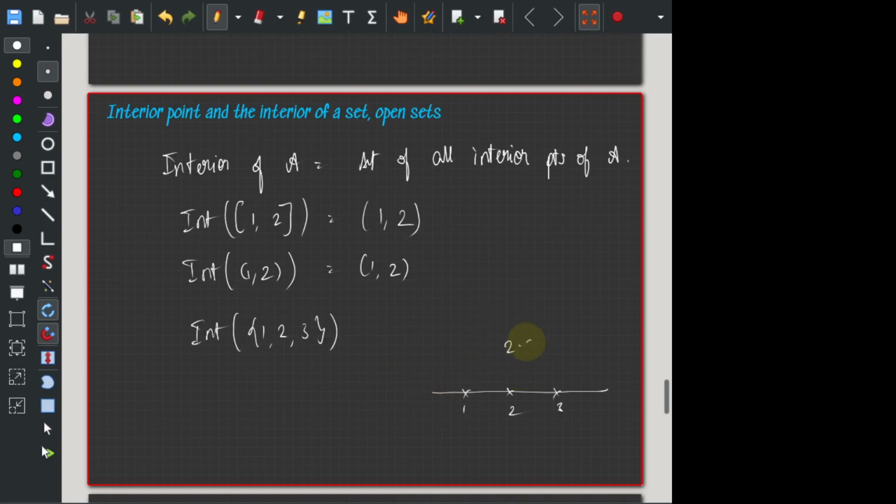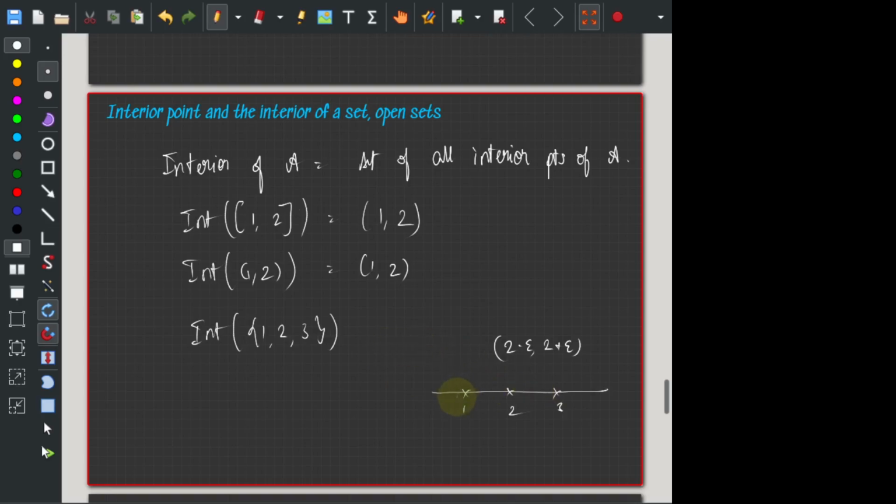It is 2 minus epsilon, 2 plus epsilon. It is this interval, right? Is this contained in the set 1, 2, 3? It is not, right? An interior point can only be one of these three points, correct? Is any of them an interior point?